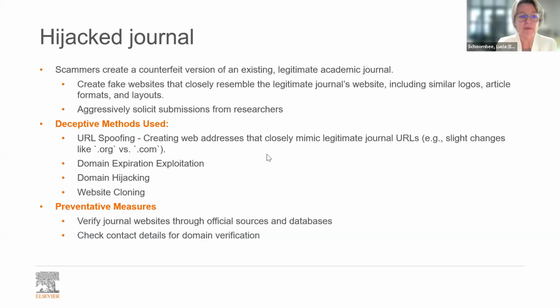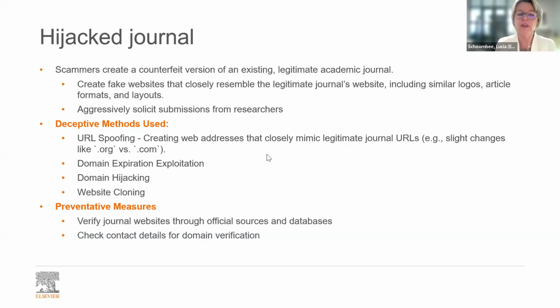This is usually scammers that create a counterfeit version of a legitimate academic journal. They create a fake website that looks very similar to the real journal's website. The logos, the formats, the layouts, etc., look exactly like the real journal, and then they try to get researchers to submit their articles to the fake journal, which has a similar name or even exactly the same name.